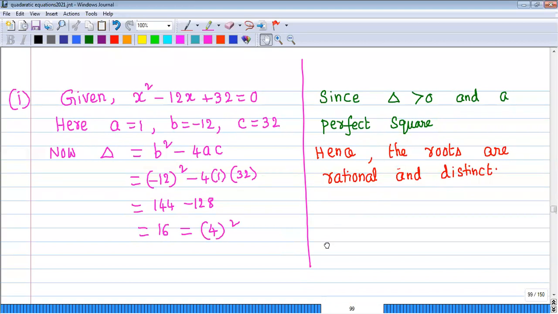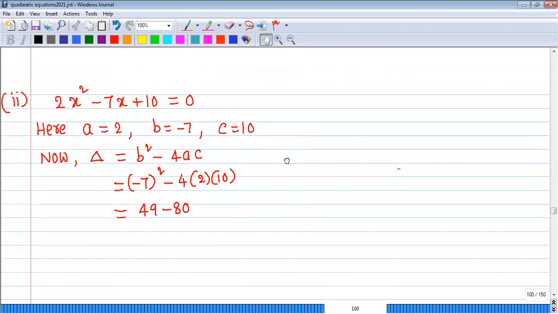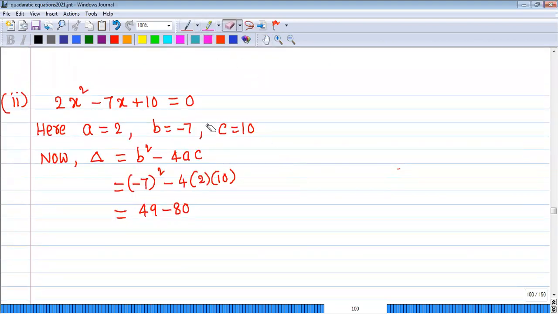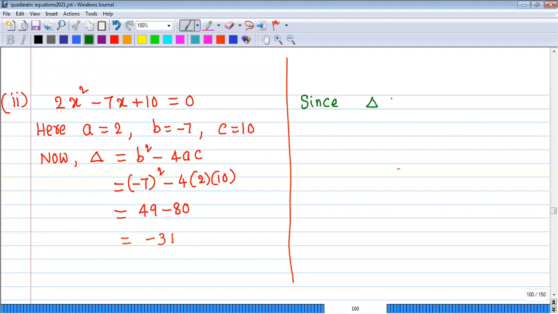Okay, sir. Right. Now what is the value of 49 minus 80? Subtract 49 from 80 and put the negative sign. 80 minus 49 is how much? 31. Negative 31. So now since delta is less than 0, how do you comment?